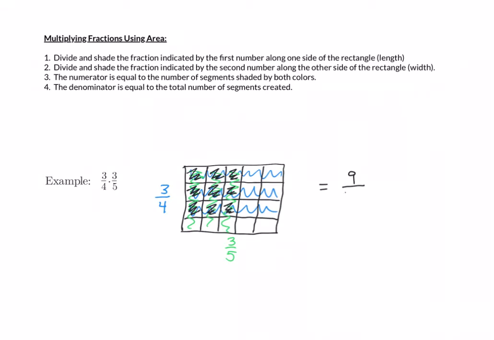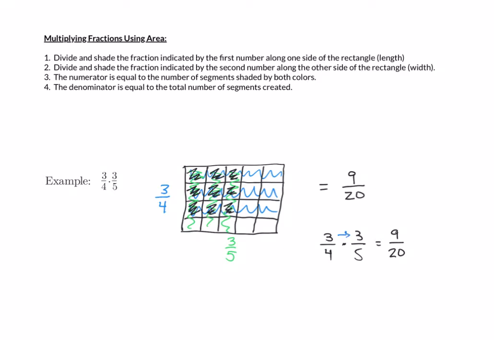There is a total of 20. So what we get is 3/4 times 3/5 is equal to 9/20. So now looking at this problem, can you tell me how we get from 3/4 and 3/5 to 9/20?